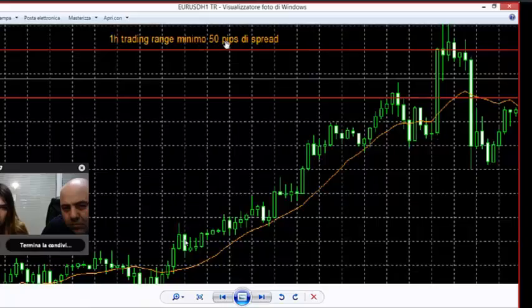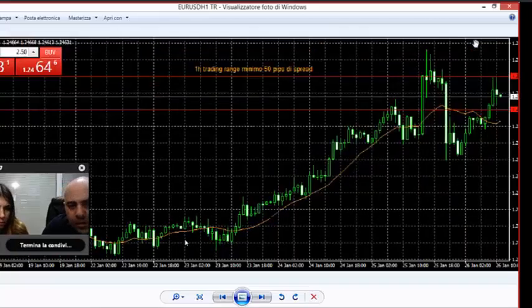trading range minimum 50 pips of spread, or the price is not available. 1 hour, 50 pips of spread. Do not worry because after this lesson, I will send you the screenshot by mail. 50 pips.